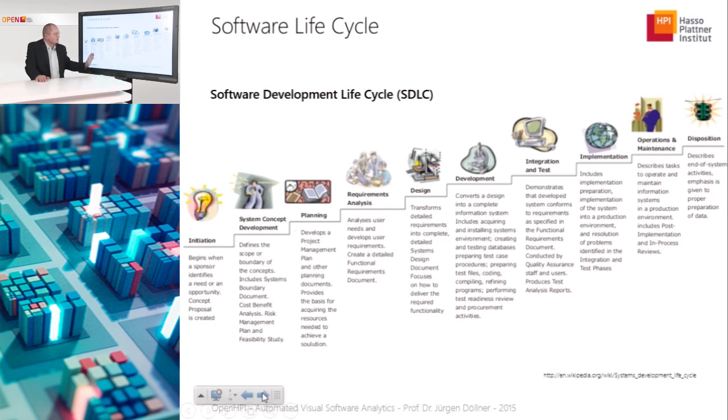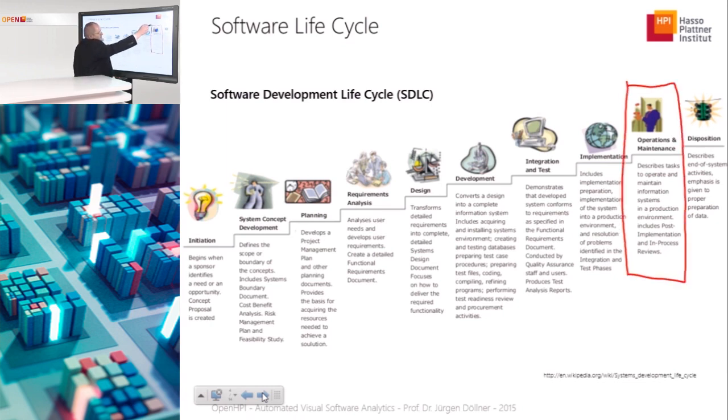In this model, maintenance appears to be just one stage in the lifetime. Reality is different. In reality, software maintenance is a key part because it takes most likely many years, even decades.